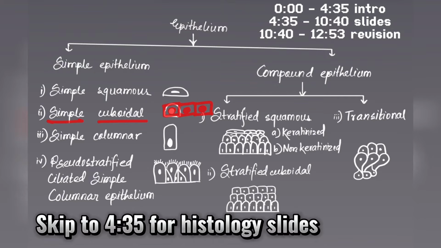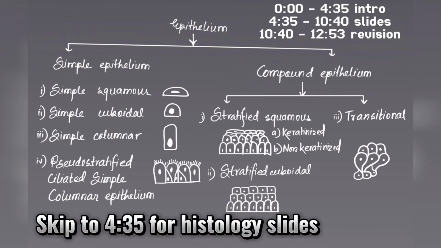Again, remember the type of nucleus, round nucleus. And finally, simple columnar epithelium, where you will find these tall pillar-like cells containing oval nucleus towards the base of the cell. So they're simple squamous with flat nucleus, simple cuboidal with round nucleus, and simple columnar with oval shaped nucleus.